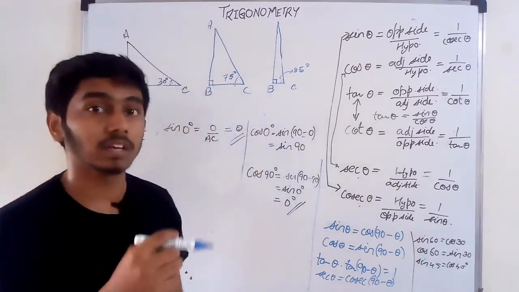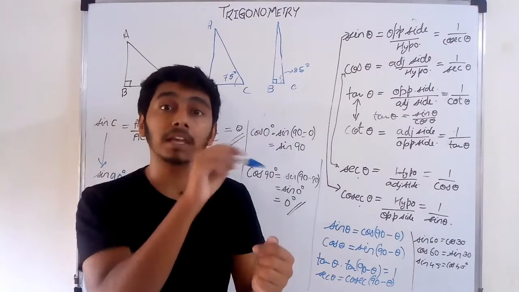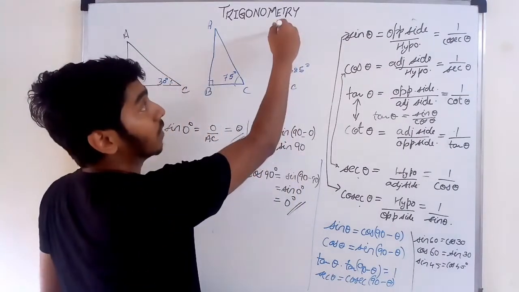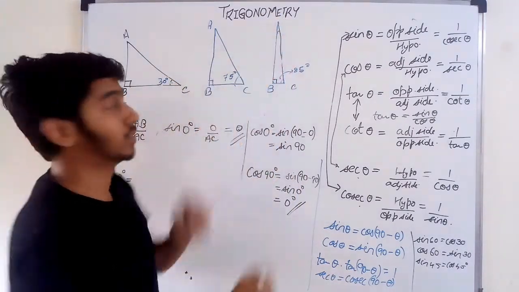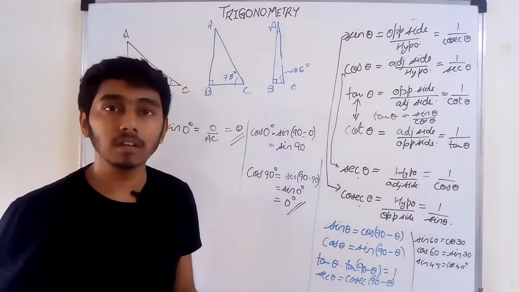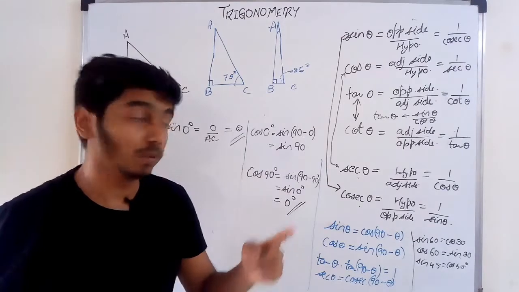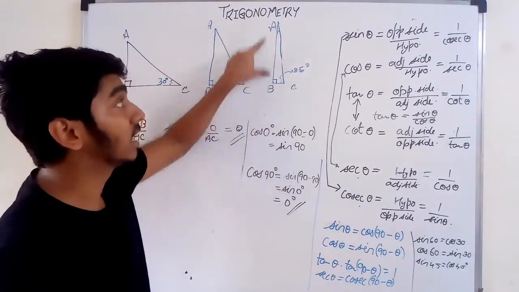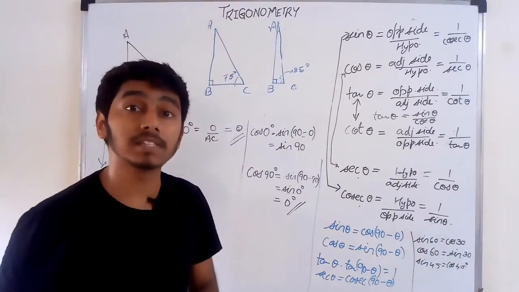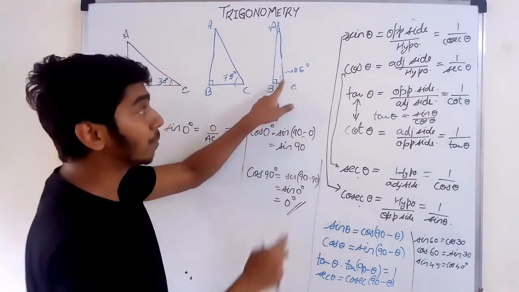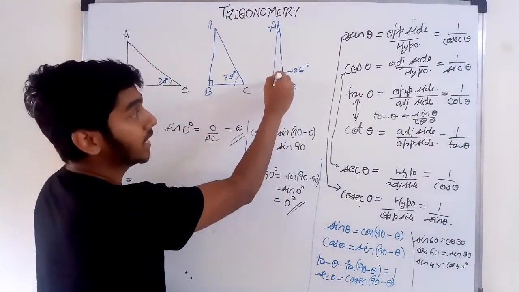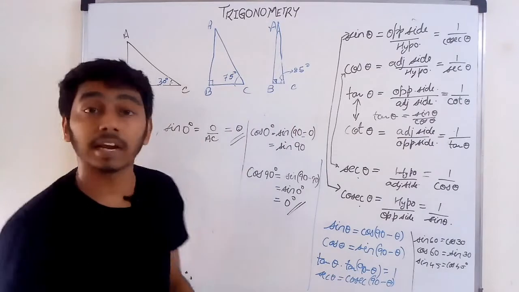So when they come close to each other, becoming 90 and 90, the upper angle, which is A, will become 0. When this becomes 0, these two will become 90 and 90. Therefore, at that time, we can say that the lengths of AB and AC will become the same, because angle B is 90 and angle C is also 90.